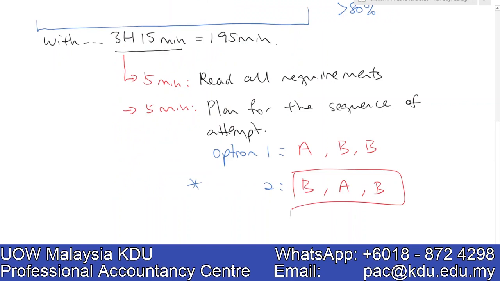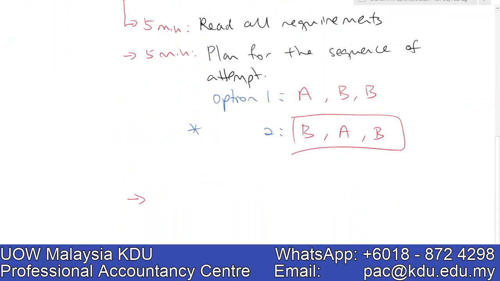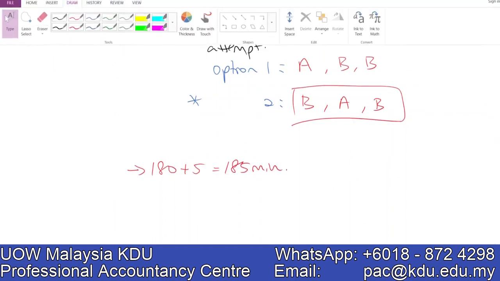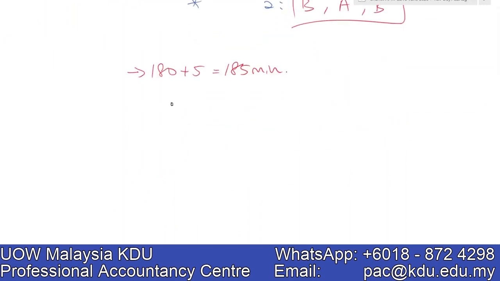So my last advice for you, when you have selected question 3 to start, these are the remaining time for you to use. 180 plus 5 minutes, you will have 185 minutes over here to attempt and answer the questions. My suggestion is, these 185 minutes, you should do in this way.